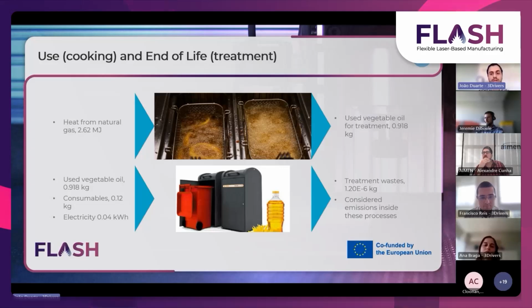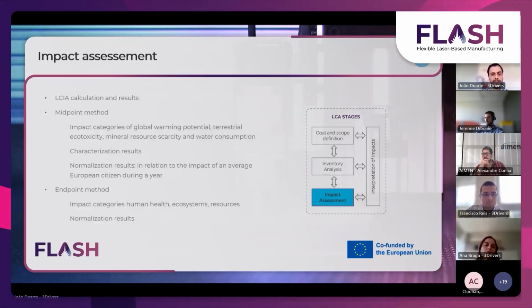And then as output we have the used vegetable oil, which will be sent to the end of life treatment. So by collecting all these inputs and outputs, we can then give them the correct emission factor for the different impact categories and calculate the results.